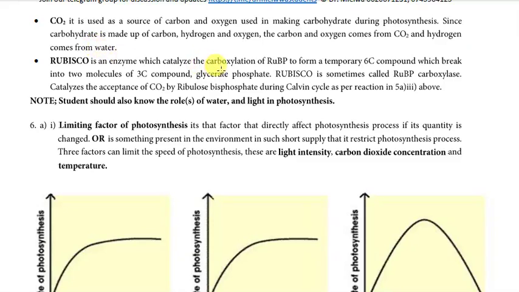Rubisco is an enzyme which catalyzes the carboxylation of RuBP to form a temporary 6-carbon compound which breaks into 2 molecules of a 3-carbon compound, glycerate phosphate. Rubisco is sometimes called RuBP carboxylase. It catalyzes the acceptance of carbon dioxide by ribulose bisphosphate during the carbon cycle, as per the reaction above.